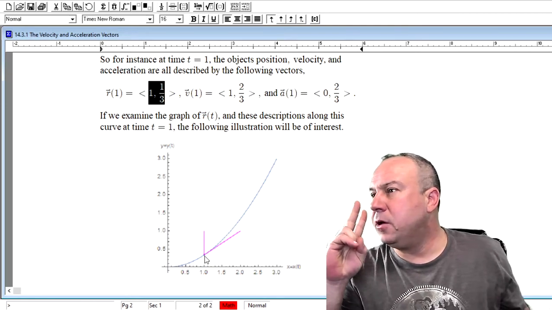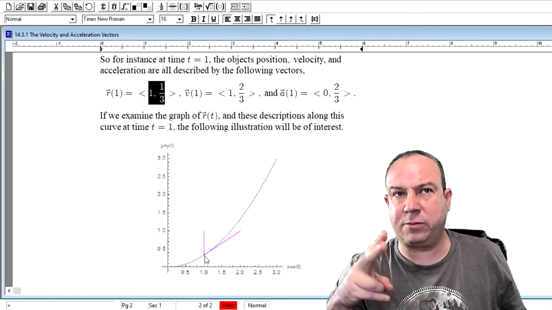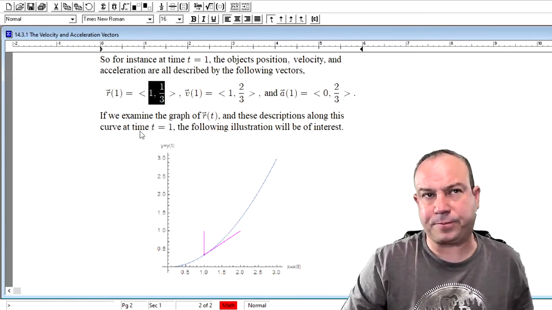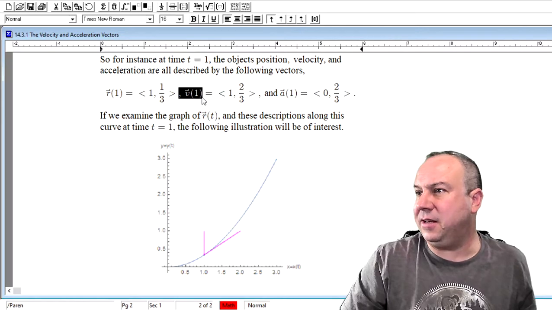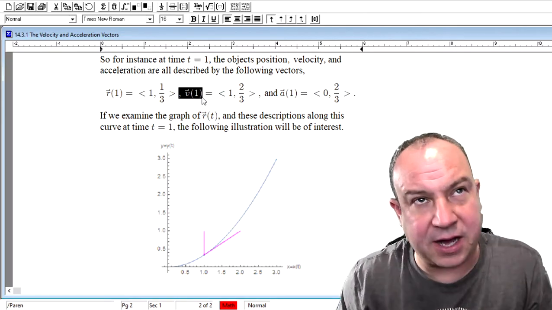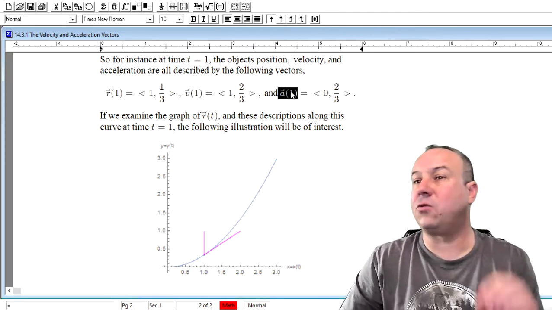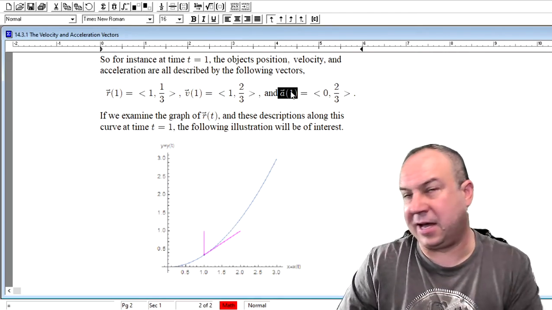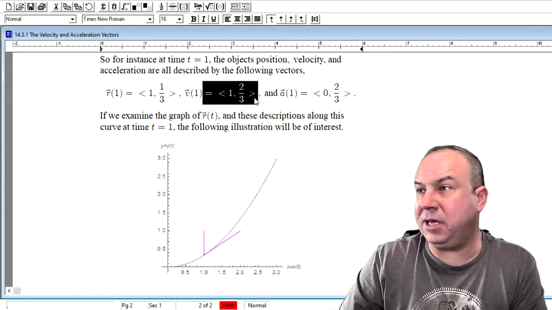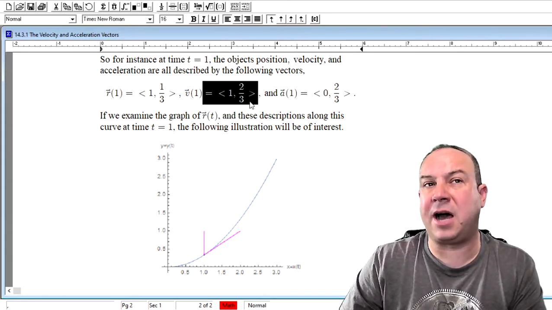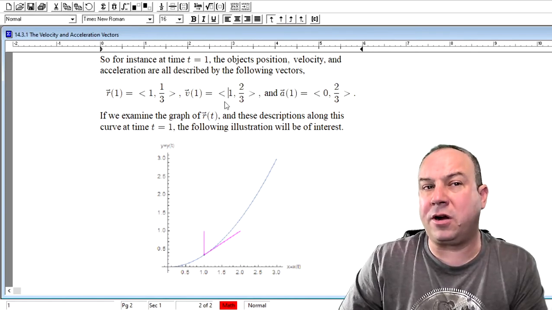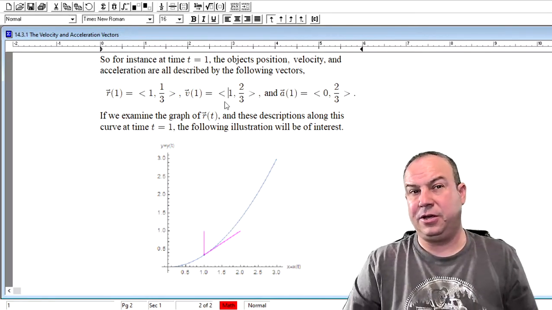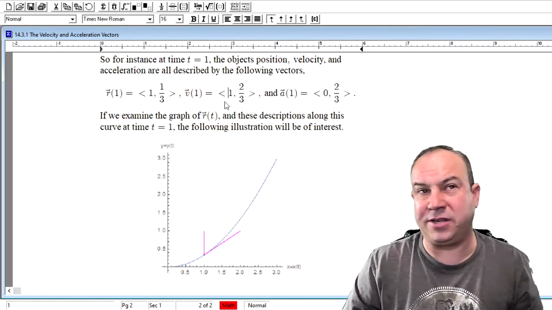There are two important descriptions of that object's motion that we see occurring in this illustration. We see the velocity being illustrated at this point in time, and we see the acceleration being illustrated at this point in time. The velocity is 1 comma 2/3. And remember, in terms of our interpretation, it's a vector that is tangent to the curve at that point in time.